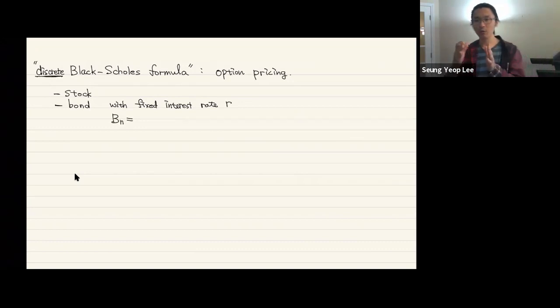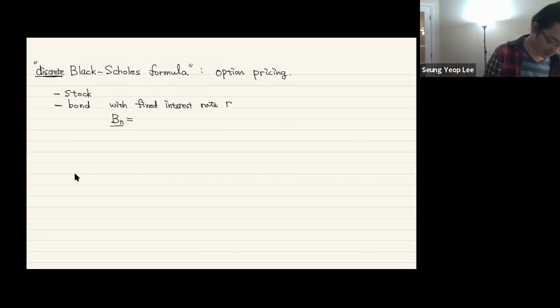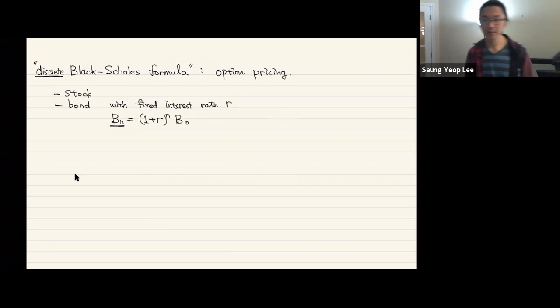We only consider the stock price or bond in discrete time. So Bn is the price of the bond at time n, and it keeps increasing from the original price of the bond by interest rate R. Good.